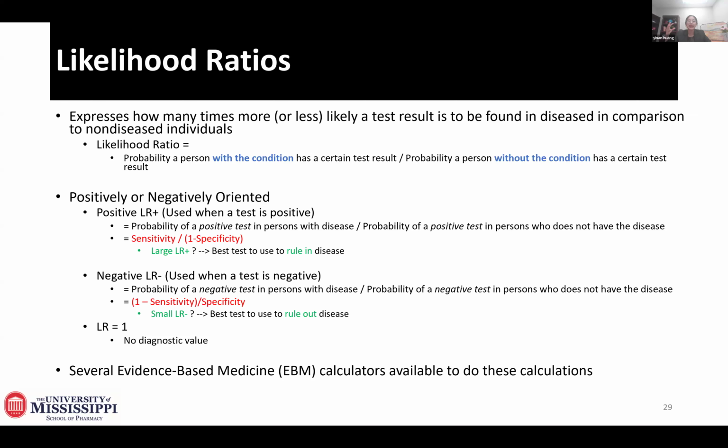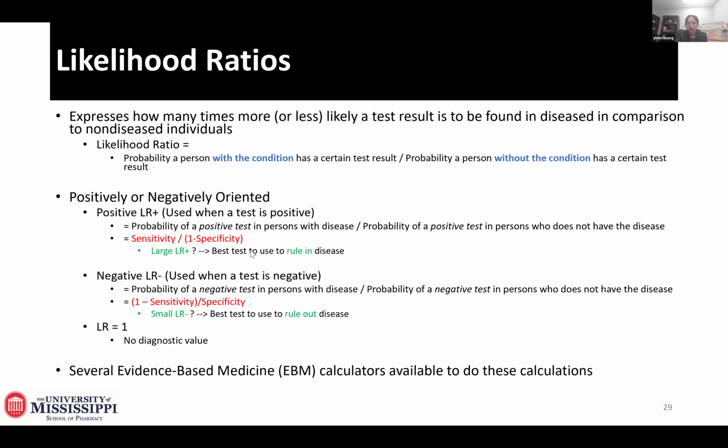It equals the sensitivity divided by 1 minus specificity. Think about that. The probability of a positive test in a person with the disease is the sensitivity, and that's the numerator. And what is the probability of a positive test among persons who do not have the disease? It's 1 minus specificity, because specificity is the probability of a negative test among persons who do not have the disease.